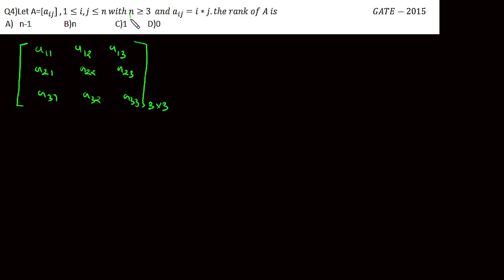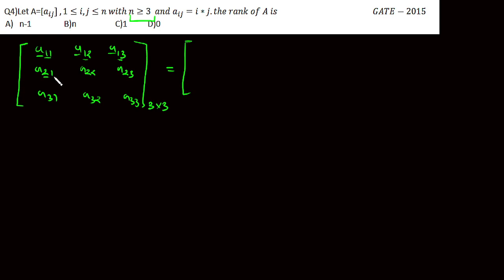This condition will be satisfied because it is given n is either equal to 3 or greater. So we are using 3. Now let's find the entries in this place. What the question says is the entry will be simply the multiplication of these two numbers.